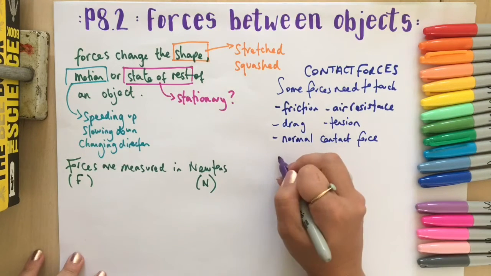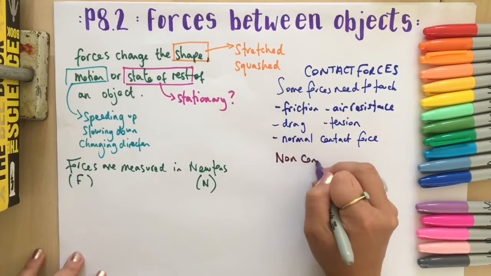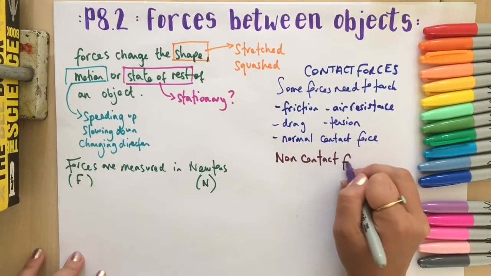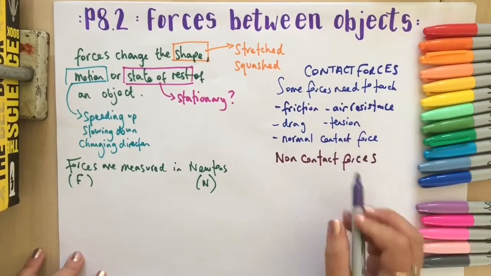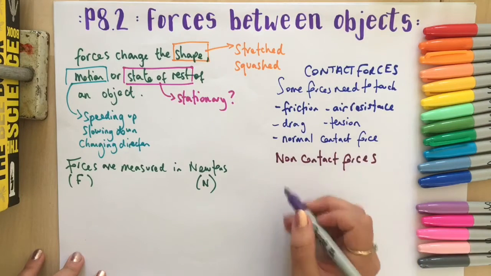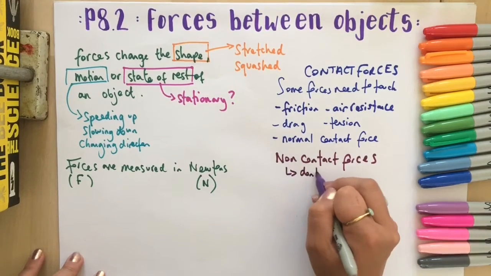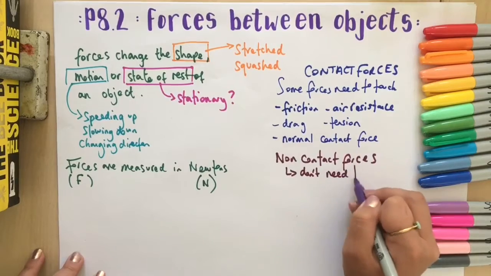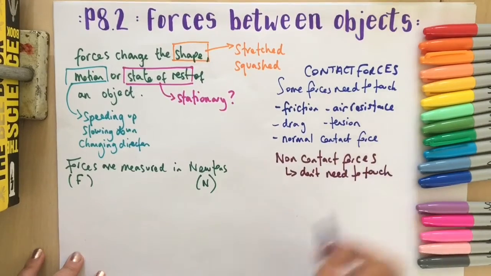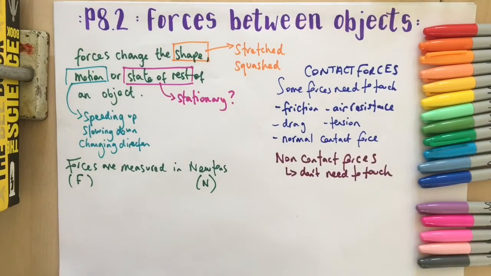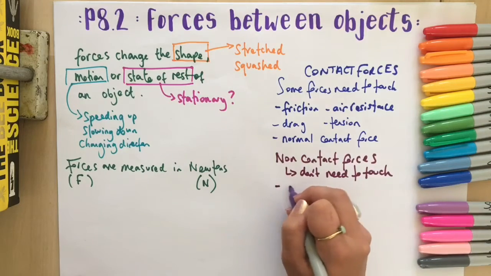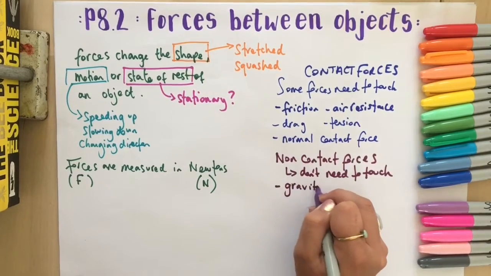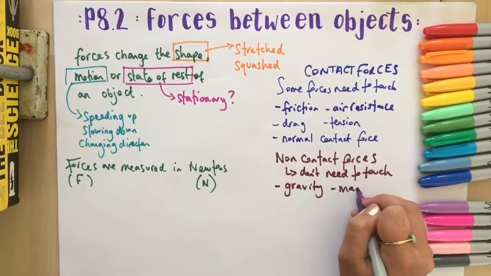And then we have non-contact forces, and I'm sure you can guess what these are, where they don't need to touch. Examples of non-contact forces are things like the force of gravity, magnetism.